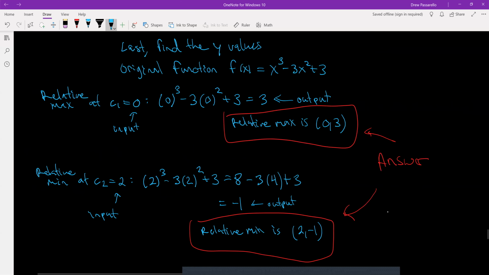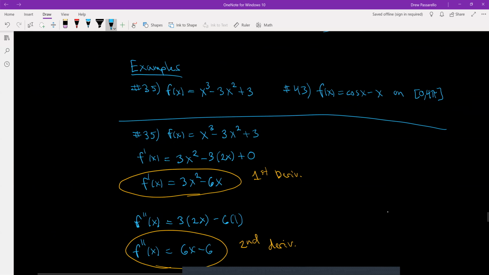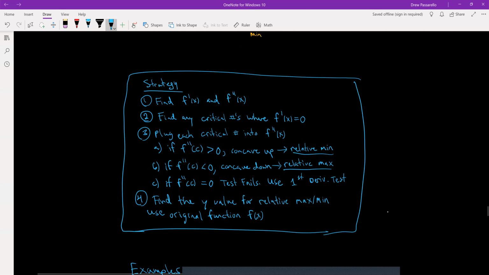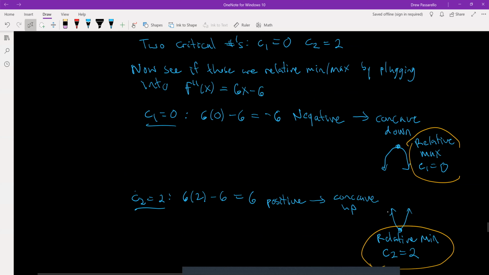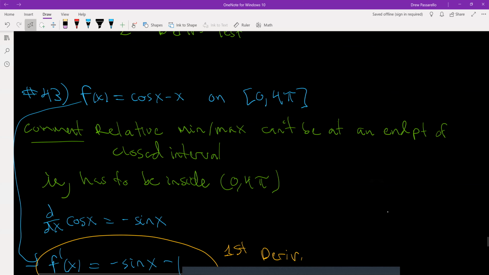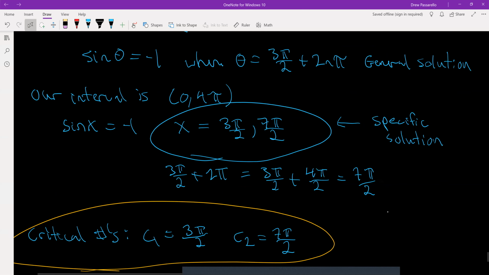So for the strategy in the third case, if f double prime of c equals 0, the test fails, use the first derivative test. So I'm going to note that it's going to fail in this case for 3 pi over 2.